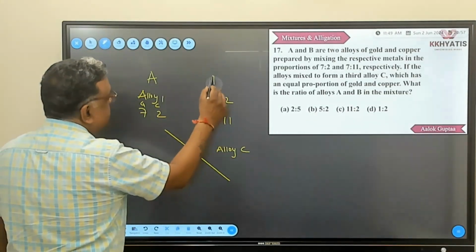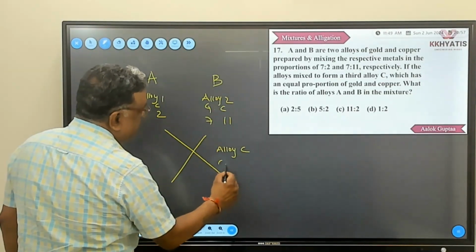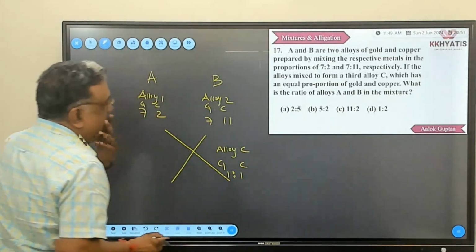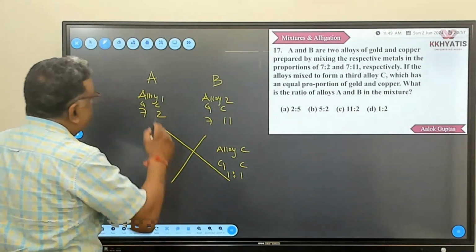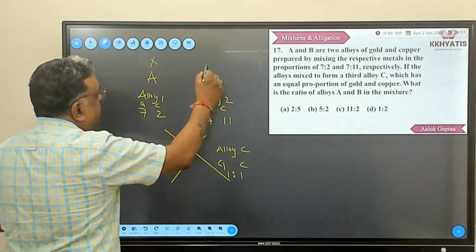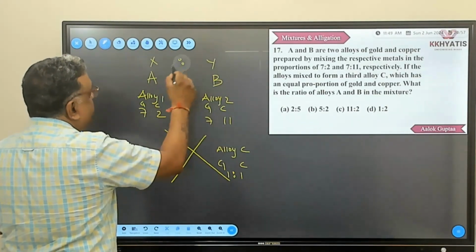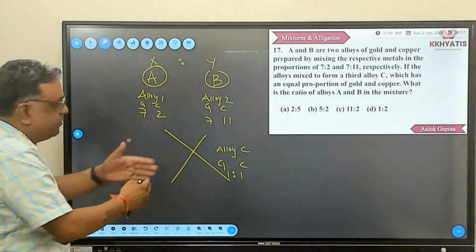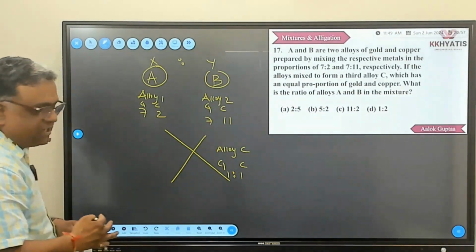This is A, this is B, which has got gold and copper in the ratio 1:1. Now they are saying what is the ratio of the quantities of A and B that were mixed together to form this. So we'll apply alligation.